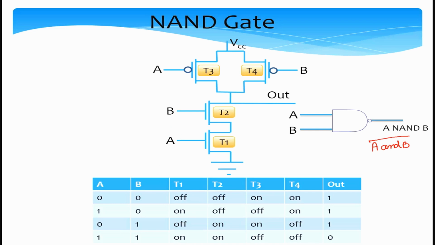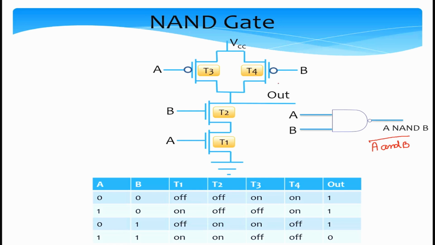We have the NMOS transistors in series, T1 and T2, and the PMOS transistors in parallel. The input A is connected to T1 as well as to T3, and the input B is connected to T2 as well as to T4.